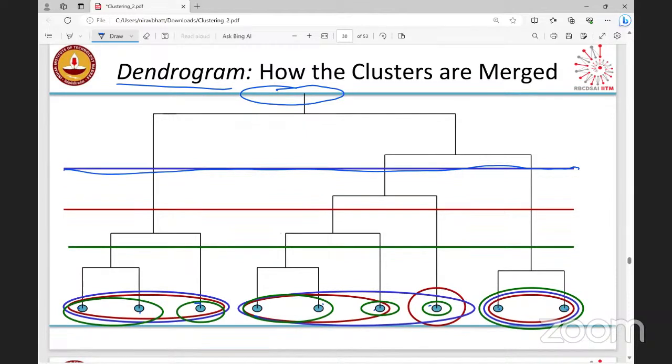At the blue level, we have 1, 2, and 3 clusters. At the red level, I have 4 clusters. At the green level, I have 6 clusters. So I can decide in hierarchical clustering what level I want if I can construct the dendrogram using some principle of similarity between different data points.